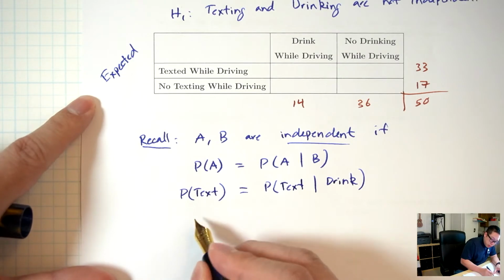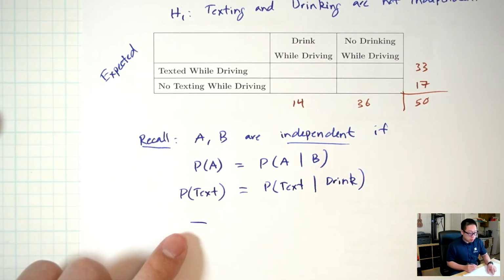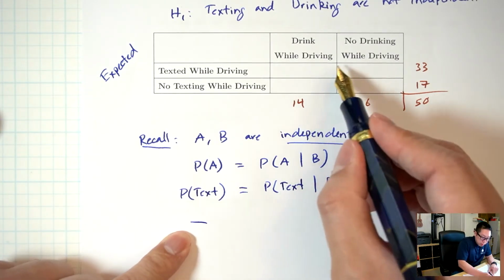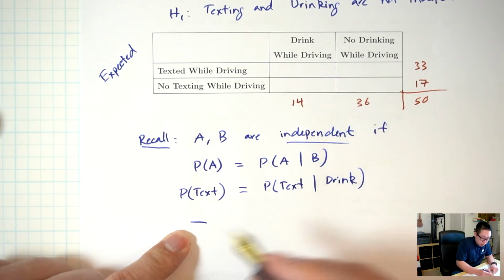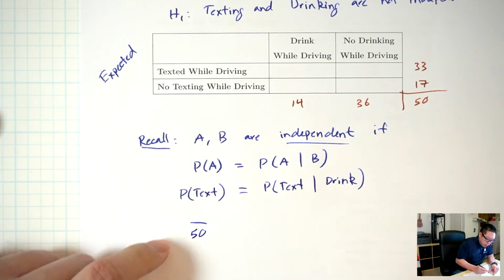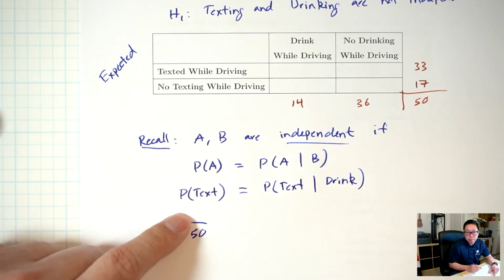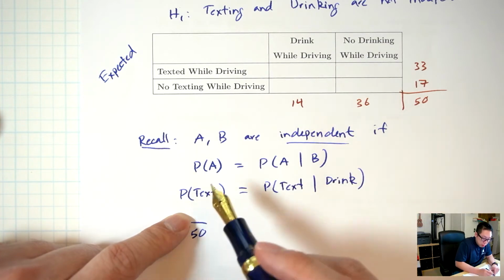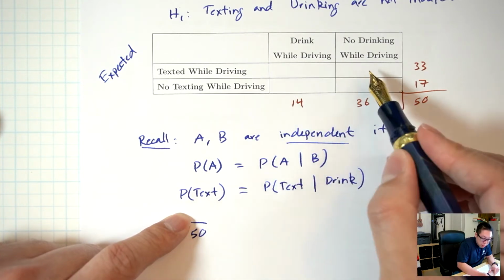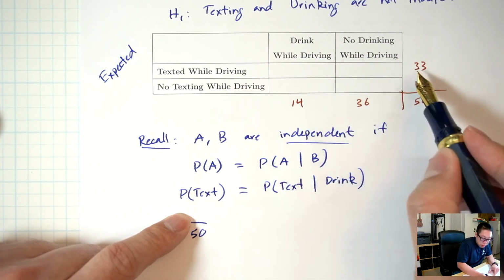Left side, probability of texting. The bottom is going to be everybody. So we don't have numbers here, but we do know that everybody should be 50. The top, how many people text? Once again, I don't have numbers here, but I do know that the people who text are whatever's in this box and this box. And I know that that total is 33.